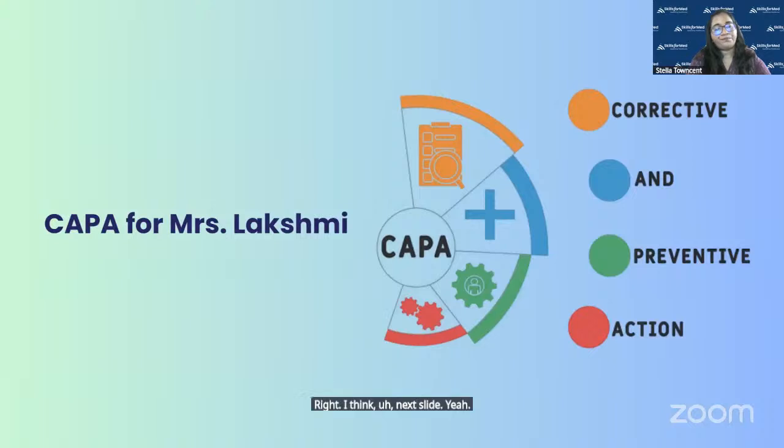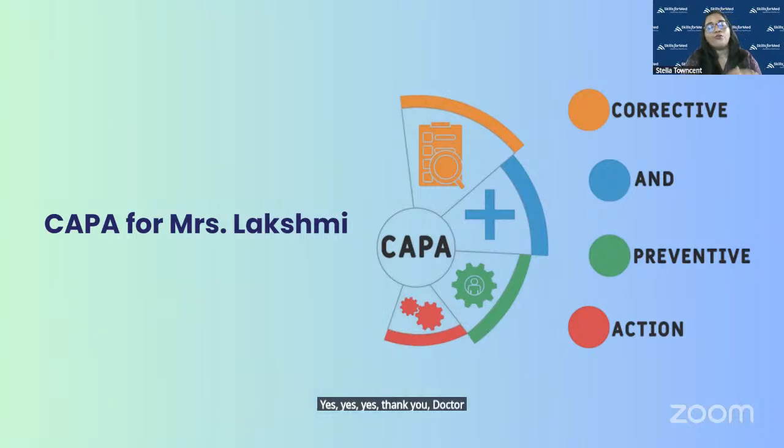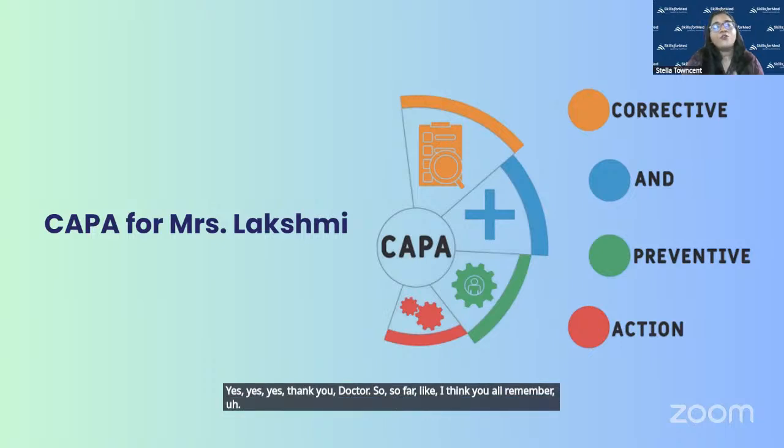Now that you explained all about it, it becomes easy to go into the corrective and preventive action. Can you please explain? Yes, thank you, doctor. So far, I think you all remember patient Lakshmi. The doctor was discussing how to identify the factors.